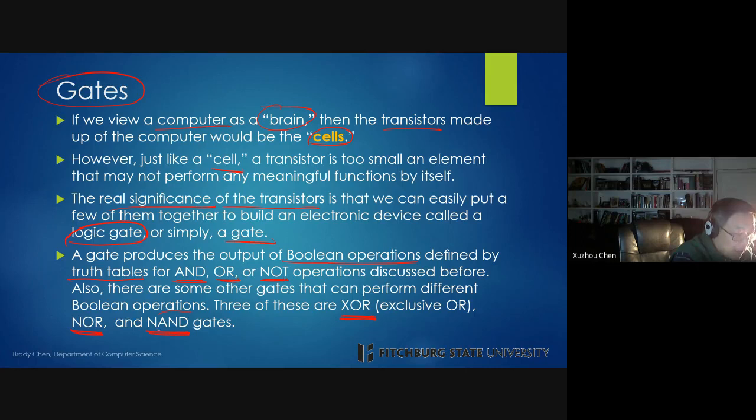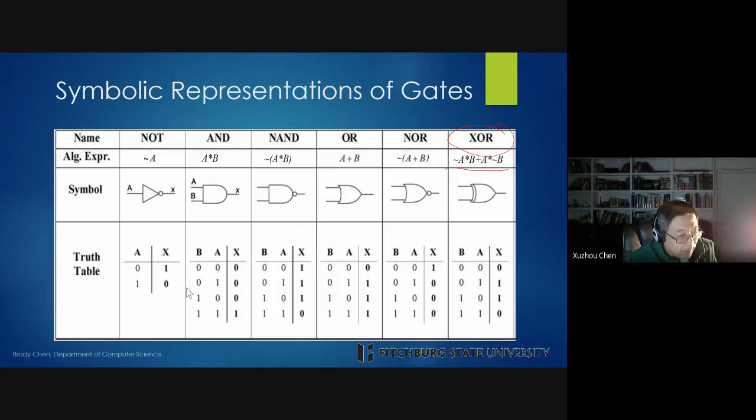So these gates are a kind of small element that can perform some meaningful operation. In EE, we normally use symbols to represent these different gates.